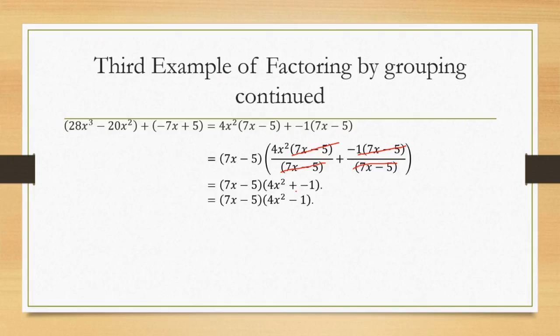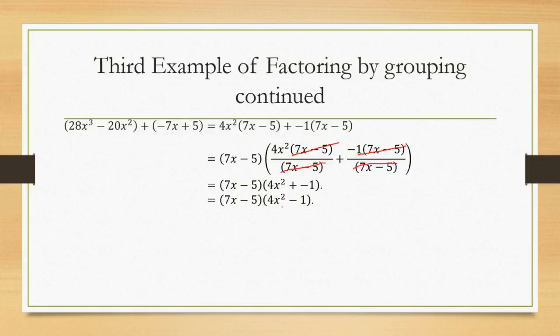And then instead of leaving it as plus negative 1, I wrote it as subtraction. That's all. If you left it on an exam as plus negative 1, that's fine. But altogether, this is what we end up with.